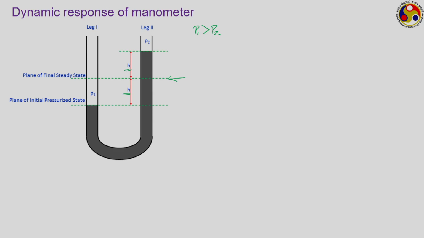So, how can we perform a mathematical analysis of this, or develop the corresponding conservation equation, or I should say governing equation? We have to do a force balance. What are the forces acting on this system of manometric fluid? On one side we have the force due to P1 minus the force due to P2.